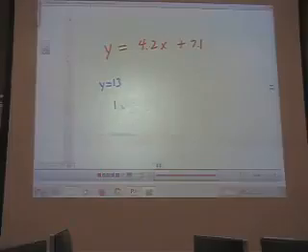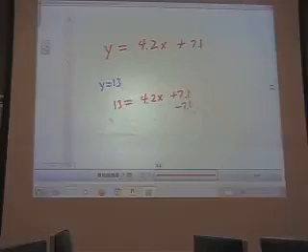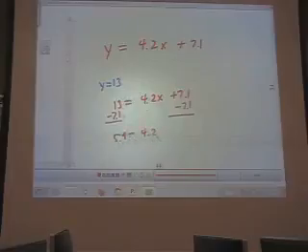So when y is 13, this becomes 13 equals 4.2x plus 7.1. What's the first thing I'm going to do? Yeah, subtract 7.1 from both sides. And then you're going to end up with 5.9 equals 4.2x. And then what's the next thing I do?